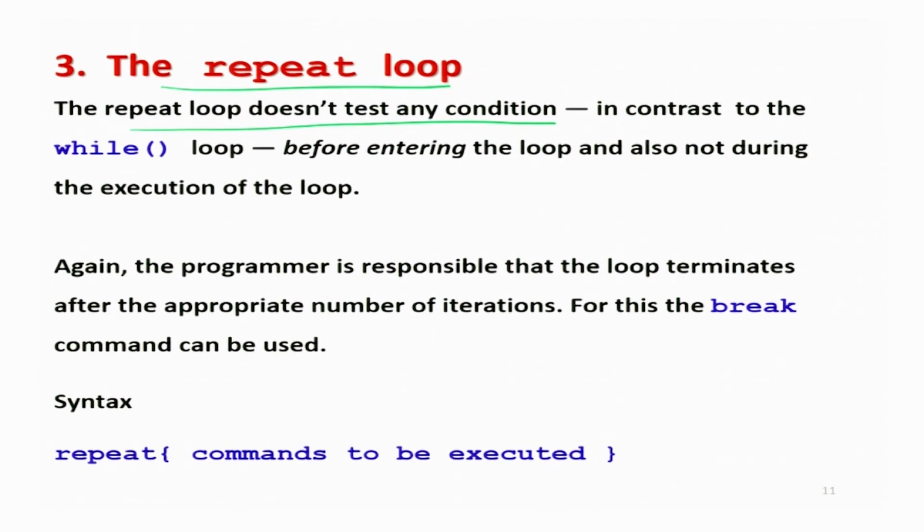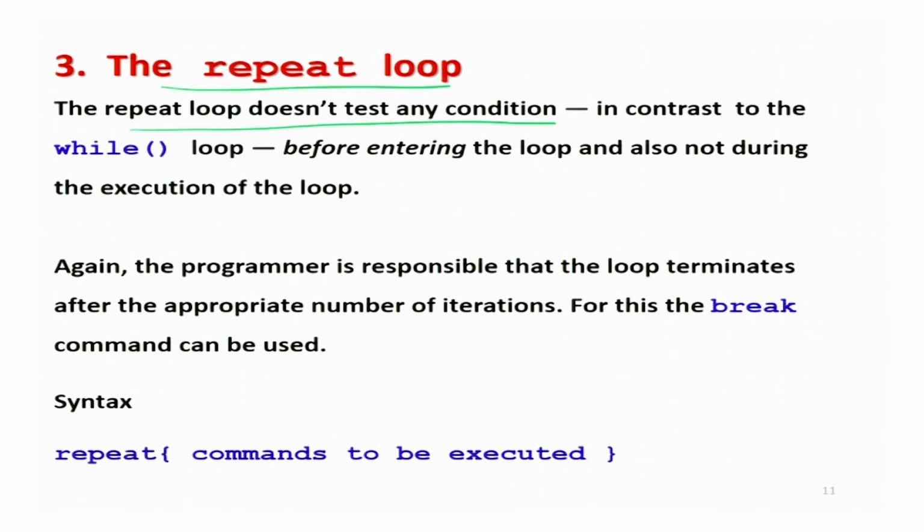But it is dependent on the programmer, that how many times the program has to be repeated or the commands have to be repeated. And in this case, we do not also know that at which point of iteration the condition is going to be satisfied or not.